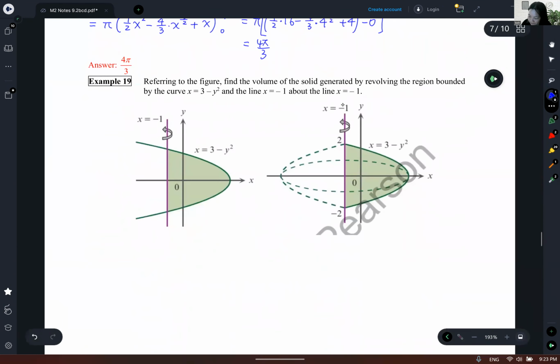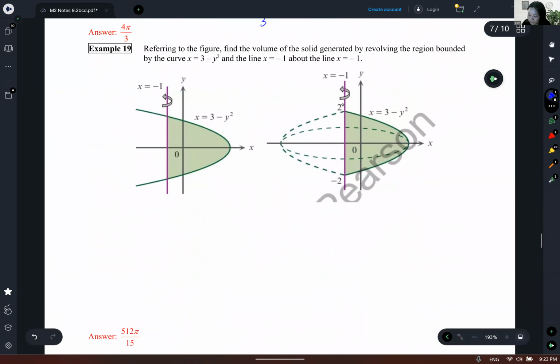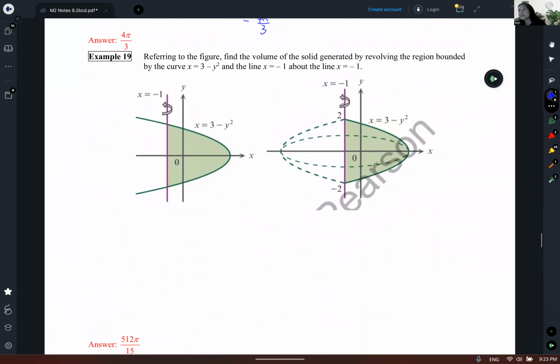Example 19. The region revolves about x equals -1. Find the volume. Now, first of all, I know that these two numbers are here, but actually the question doesn't give you these two values.